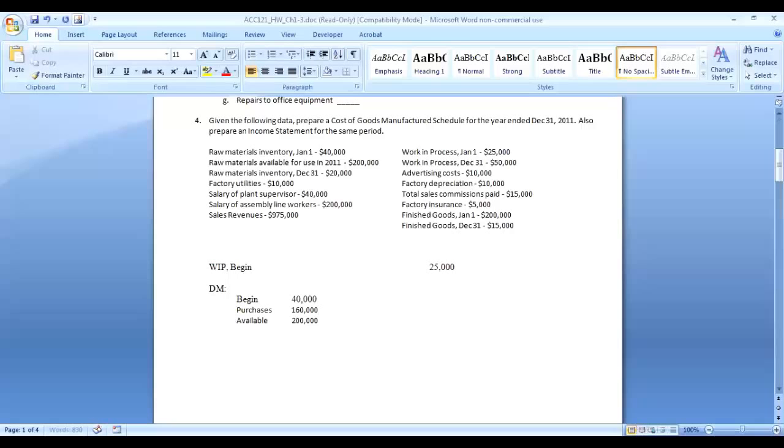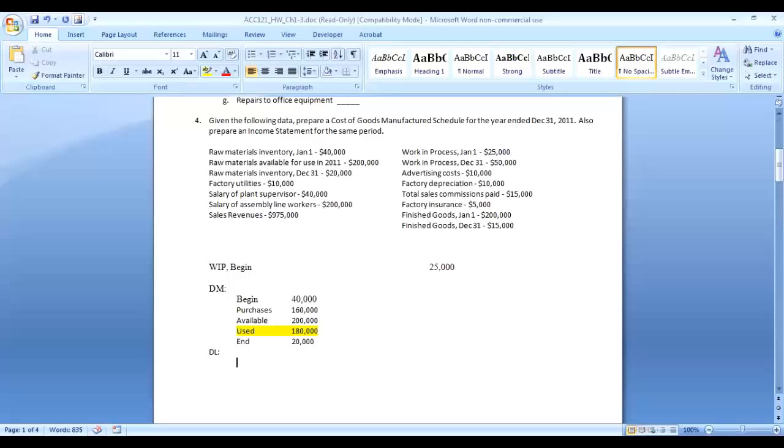I also knew that my ending balance was 20,000. So what must I have used? 180,000. So I can stick that off to the side there, or I'll highlight it for now. I also know I need some direct labor cost in here.